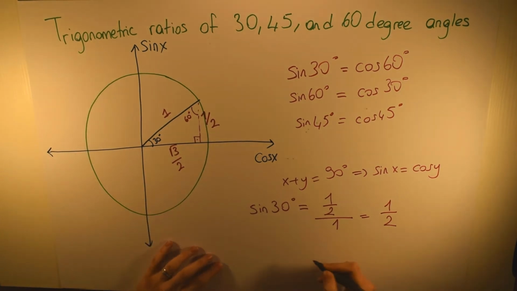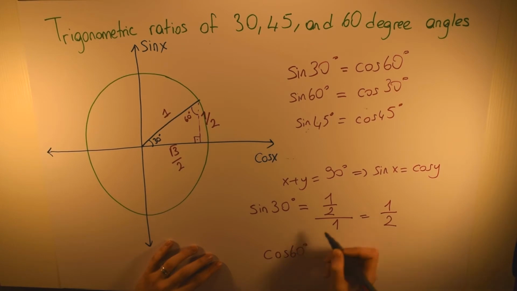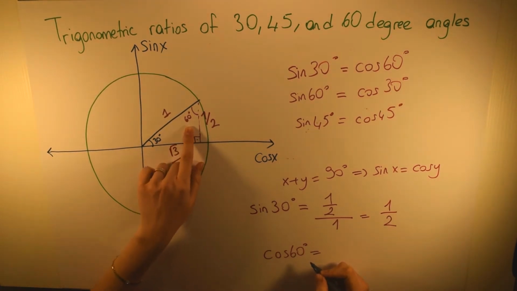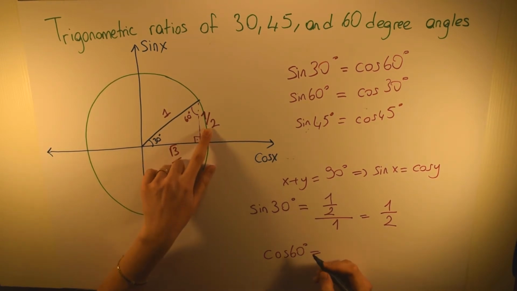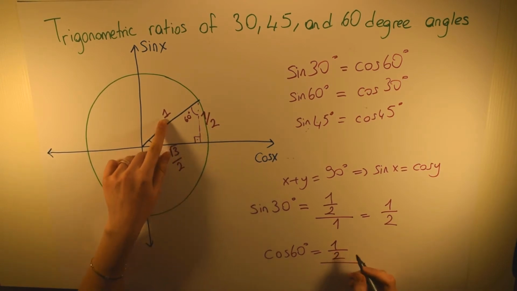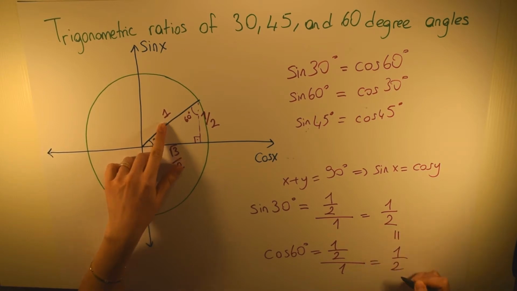When we want to find, for example, cosine 60 degrees, because we said that they are equal to each other, let's see if they are or not. Cosine is equal to adjacent side over hypotenuse, right? The adjacent side for 60 degrees is 1 over 2, over our hypotenuse, which is 1. As you can see, they are equal to each other.